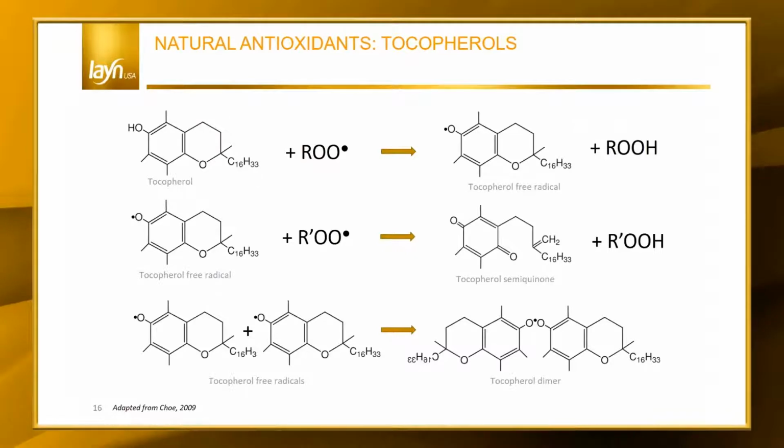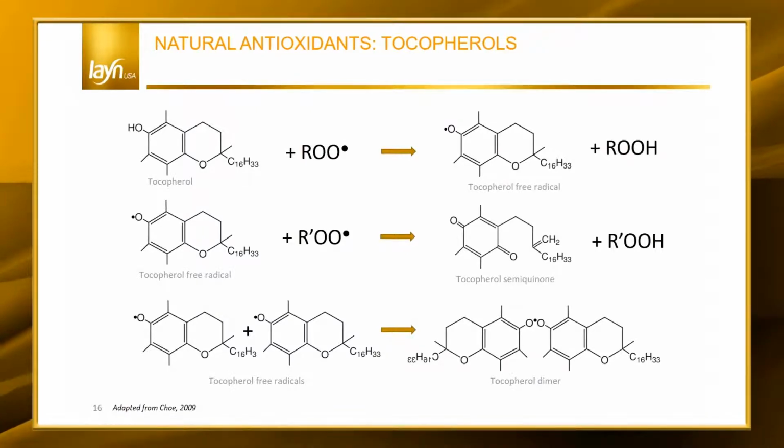In natural antioxidants, we have traditional tocopherols. If they are natural, coming out from oils, these tocopherols work like any other antioxidant. They donate hydrogen to a free radical to stabilize it into a fatty acid, while they are transformed into free radicals themselves. But tocopherol has a secondary activity, because this free radical can react with another free radical, turning it into a tocopherol semiquinone.